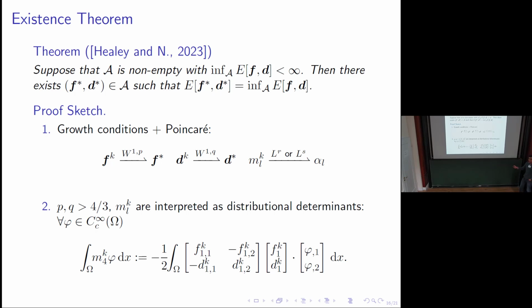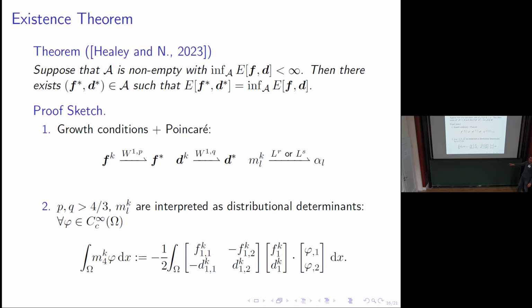Essentially, when p and q are larger than 4/3, these sub-determinants can be interpreted as distributional determinants. In fact, when p and q are both less than 2, or even if one of them is less than 2, then you exclusively have to define the determinants as distributional determinants. And what is a distributional determinant? Well, it's defined through this formula.